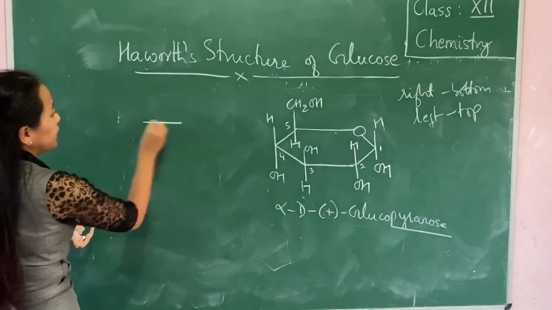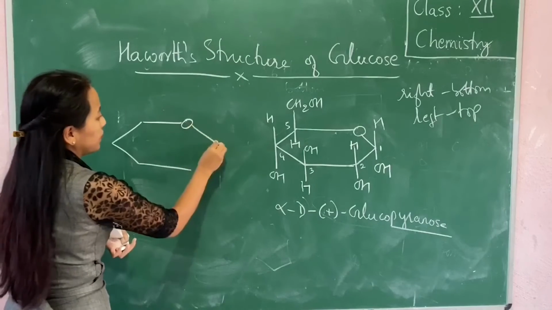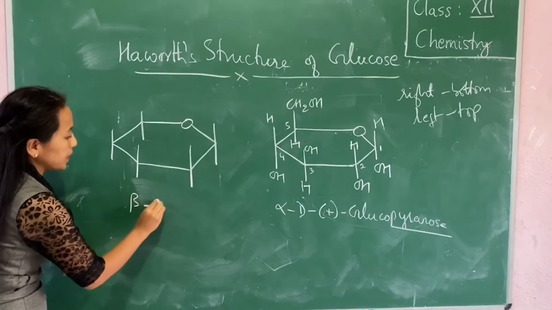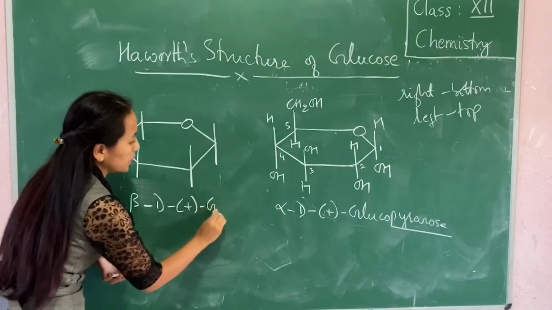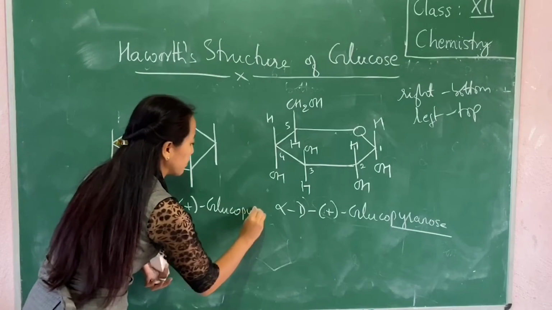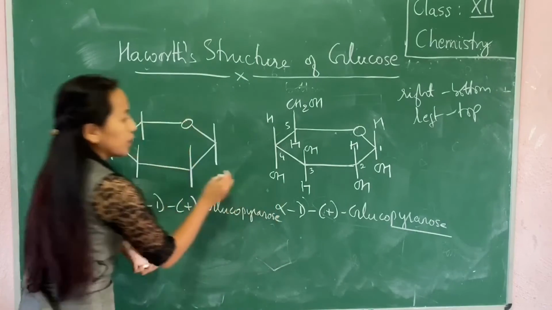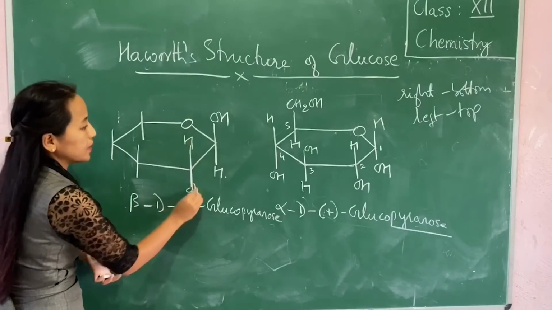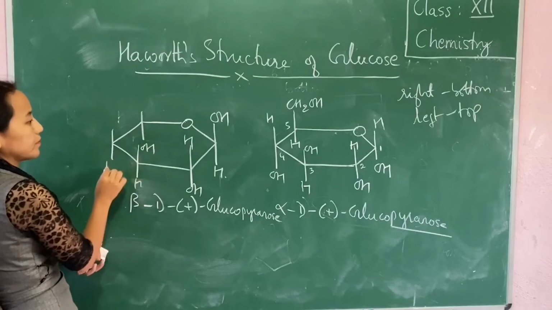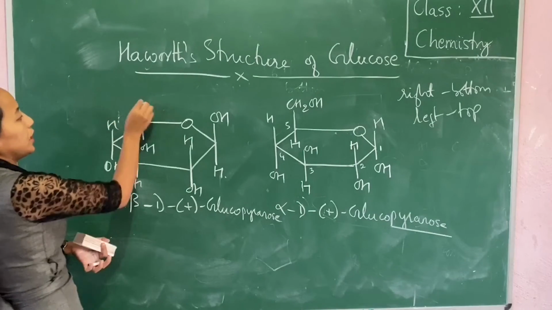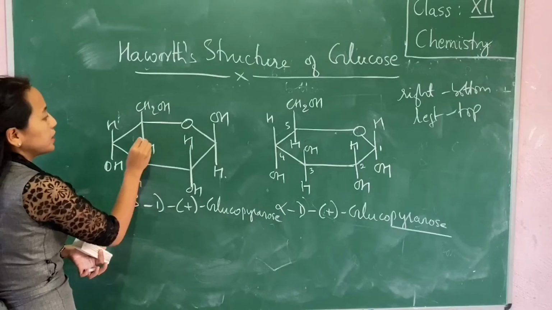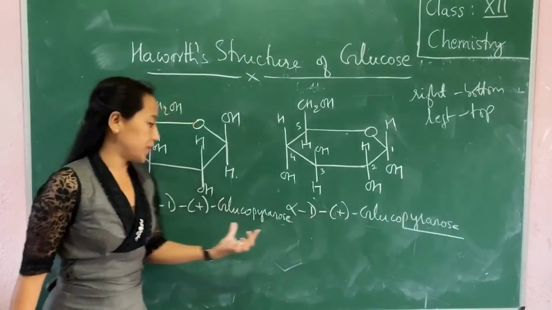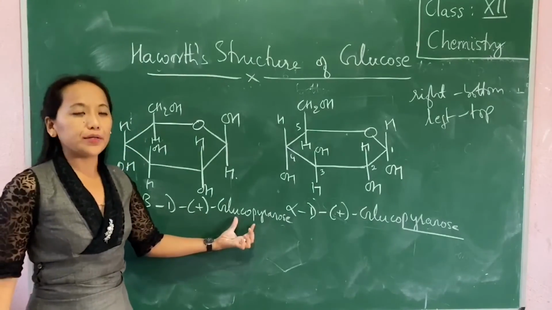In the case of beta D plus glucopyranose, you will have OH on the top and this hydrogen at the bottom. Rest remains the same. OH, H, and then you have CH2OH and H. So this is about the difference between alpha D glucopyranose and beta D plus glucopyranose.